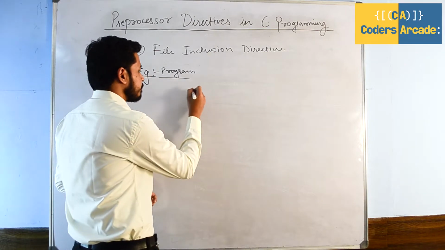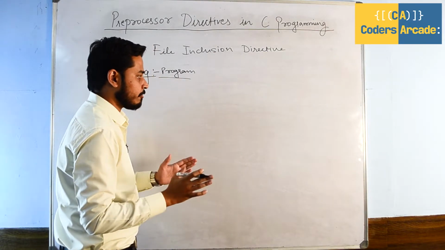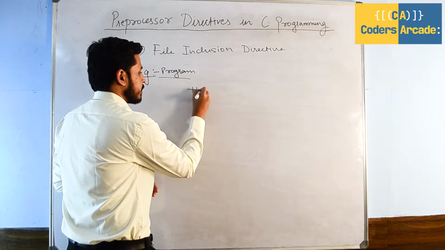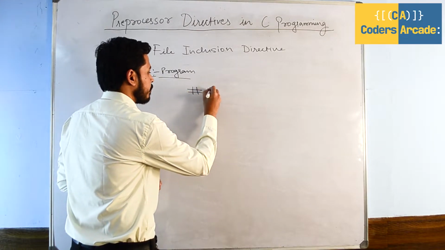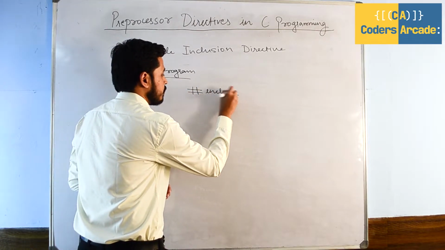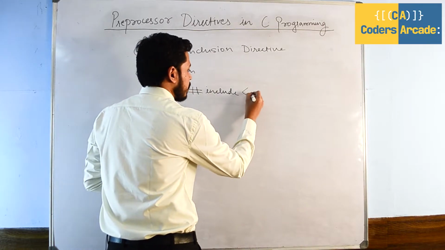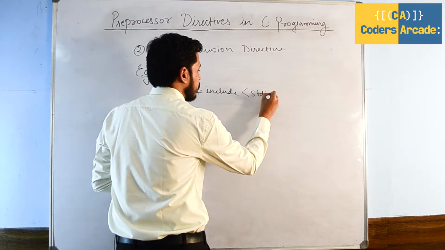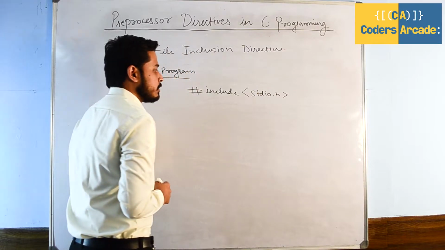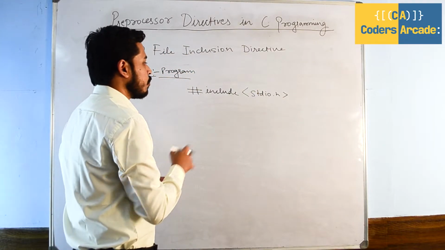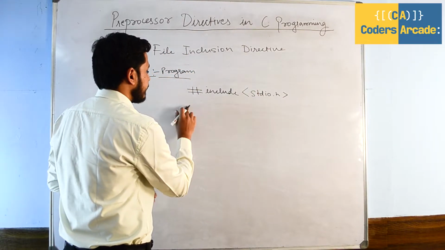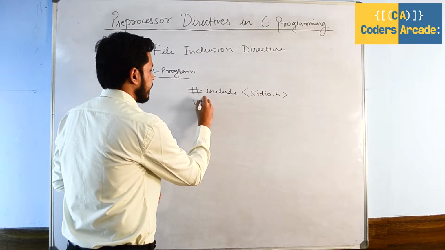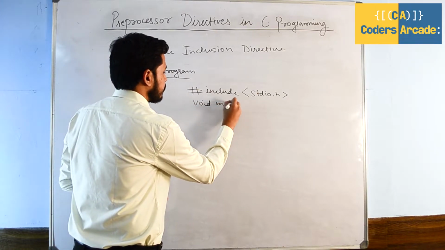To include a basic file, we always start with #include. These are the header files, stdio.h. Now #include stdio.h. Then I'll directly write my main function, void main.